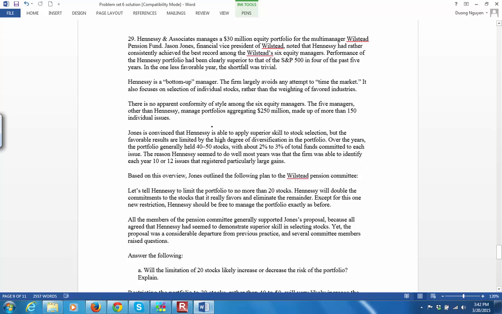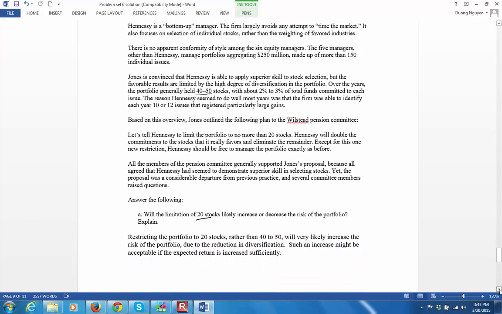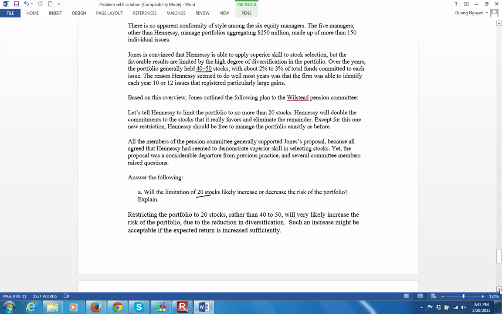Right now, the portfolio has about 40 to 50 stocks, and Hennessy believes he's very good at picking stocks, so he wants to limit it to 20. Now, will a limitation of 20 stocks increase or decrease the risk of the portfolio? Obviously the lower number of stocks will increase the risk of the portfolio, because you will have more specific risk.